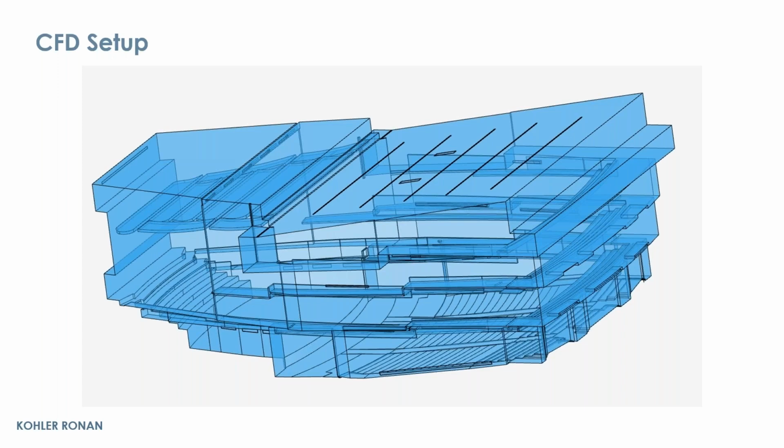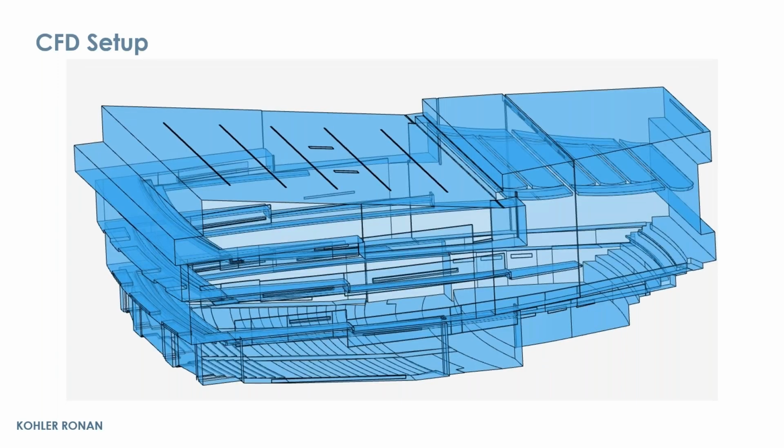We also put in people loads. Actually, we put in blocks of people so we could capture the heat output from the people as well. So a lot of details went into developing this geometry and the whole volume, and we changed it multiple times as well, just to get the right configuration. Just from a different angle.